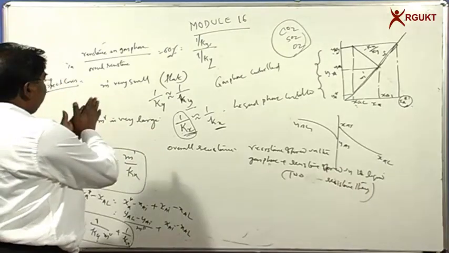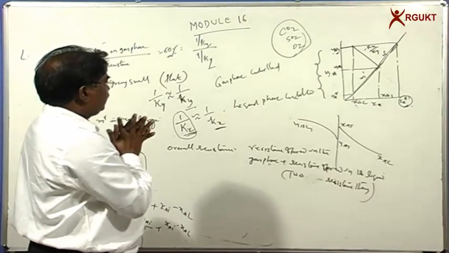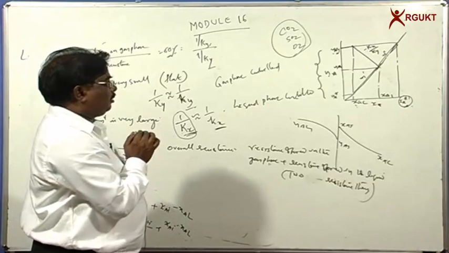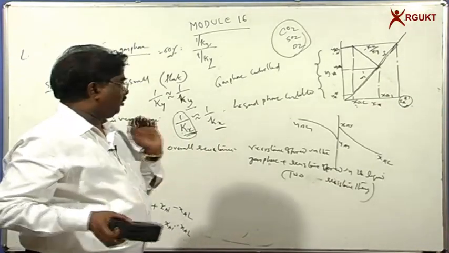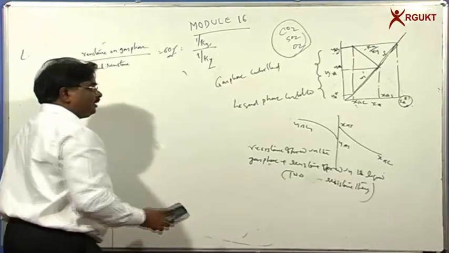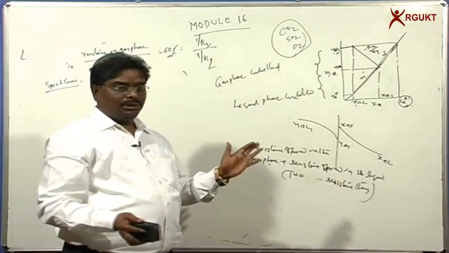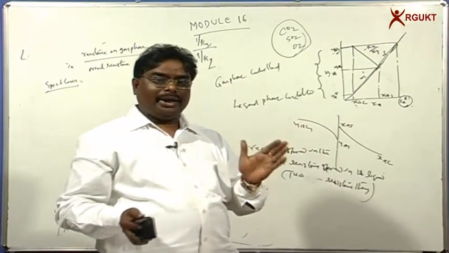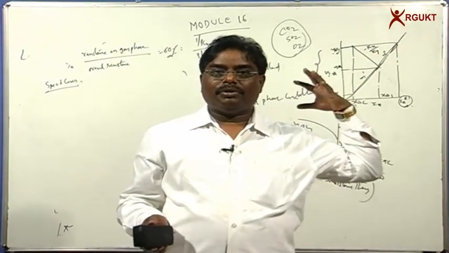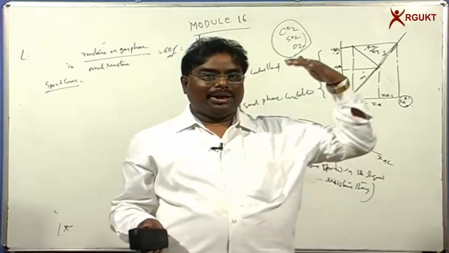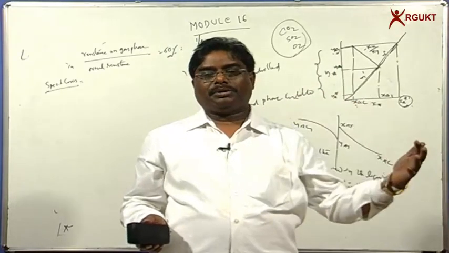We discussed some special cases where we said gas phase controlled and liquid phase controlled. I'm sure you understood what I'm talking about. Then we took a problem of absorption, a system of ammonia, air and water, and we discussed the estimation of your overall mass transfer coefficient for the absorption problem.